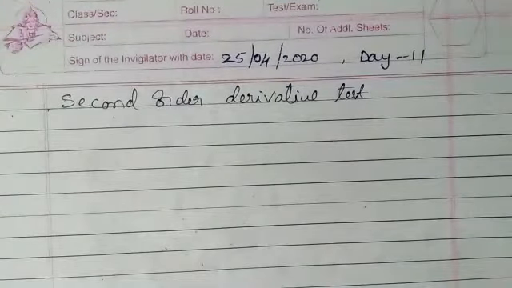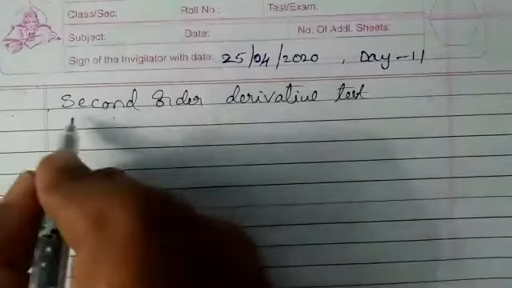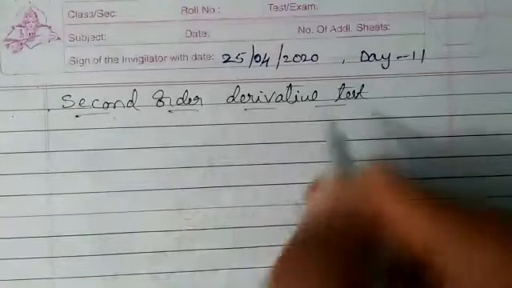What is the meaning of second order derivative test? It means differentiating the function again and again. The first time gives dy by dx, and the second time gives d square y by dx square. Let us observe how it happens in this concept.